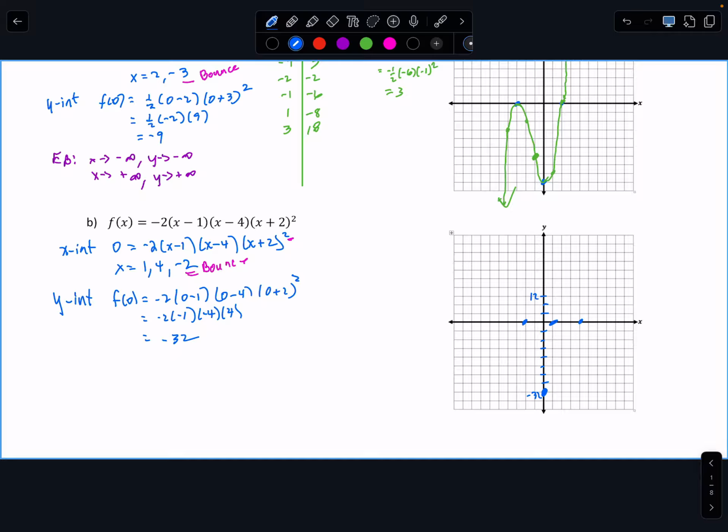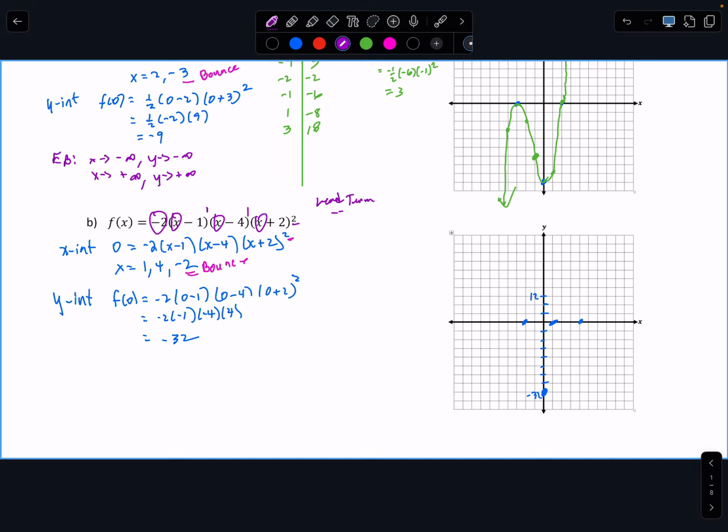And then we need end behavior. So we need the leading term. It's going to be the negative 2 times x to the first, since that's just a factor once, times another x to the first, but then times x squared because that quantity squared.